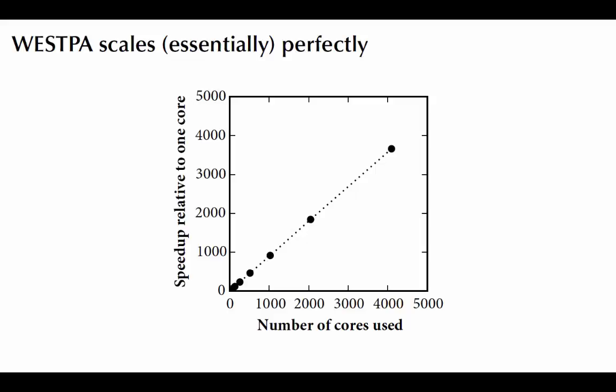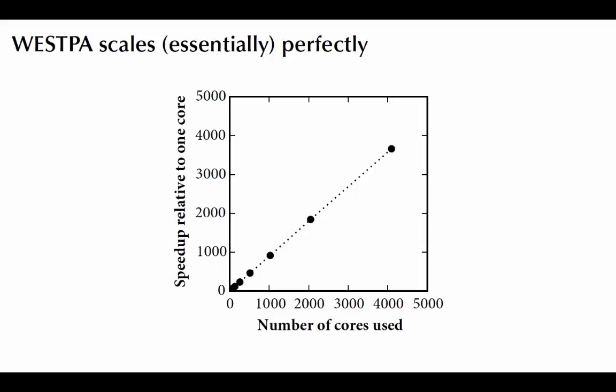So I'm sure at some point we will hit a scaling barrier of it just takes a long time to ask the question, how many of our simulation trajectories have gone towards our rare event of interest? But at least for the level of difficulty that we've been working at, we haven't hit that limit yet. And so I fully expect to see this line continue out past 10,000 cores for the kinds of systems that we are studying.